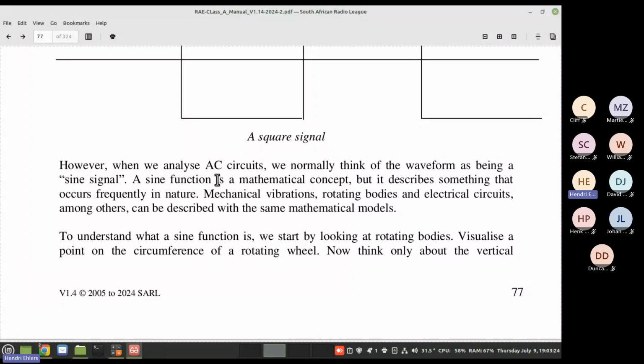A sine wave is a mathematical concept, but it describes something that occurs frequently in nature. Mechanical vibrations, rotating bodies, and electrical circuits, among others, can be described with the same mathematical models.